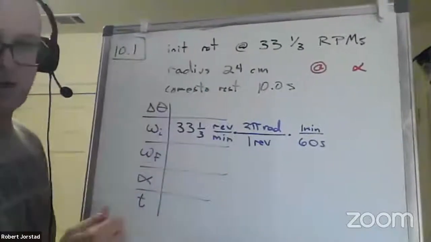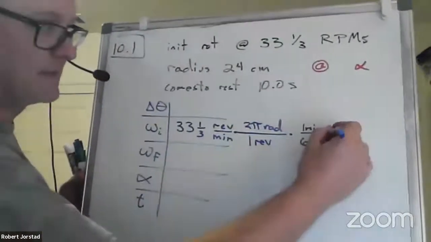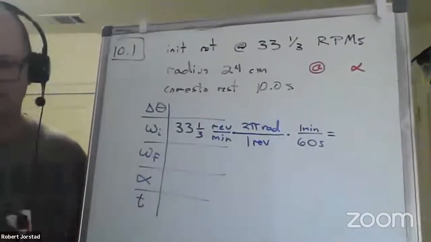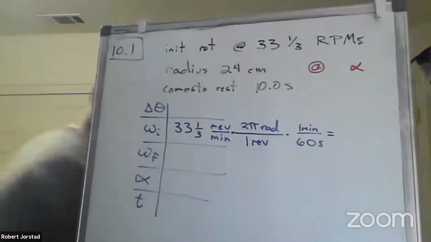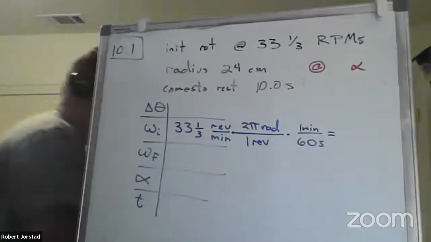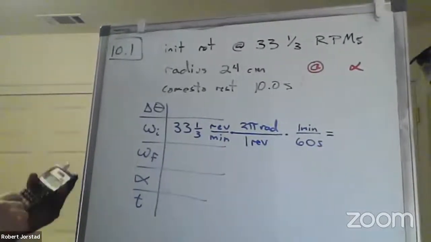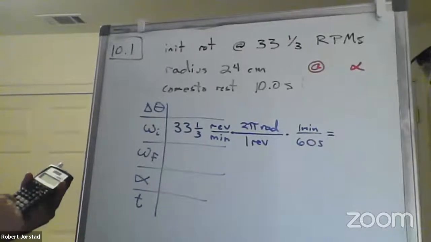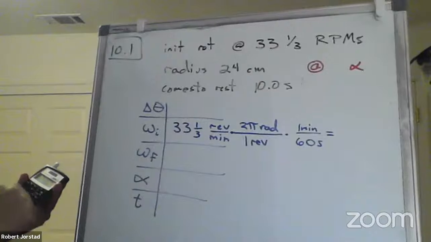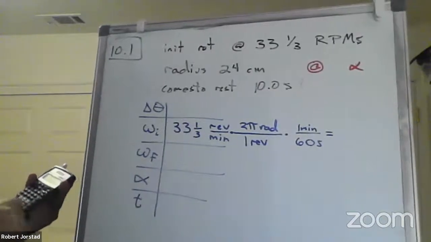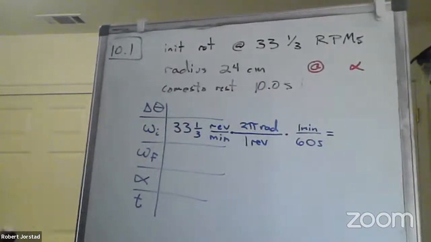Now, here you can plug all these numbers in and we got it. Does anybody have the number offhand? Go ahead and punch it in for him. I'll do it as well. Everybody just check. So 33.3333 times 2 times pi divided by 60. I got 3.49.